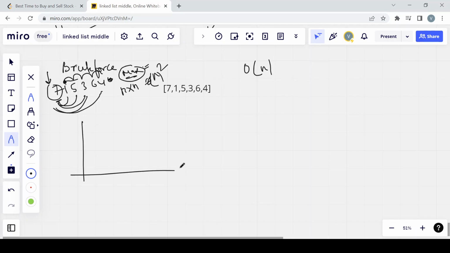Yes. We will write our stock prices on a graph. Let's put it down on a graph. So if 7 is here, suppose, and then go to 1, then 5, then 3, then 6, and then 4. So 7, 1, 5, 3, 6, 4.